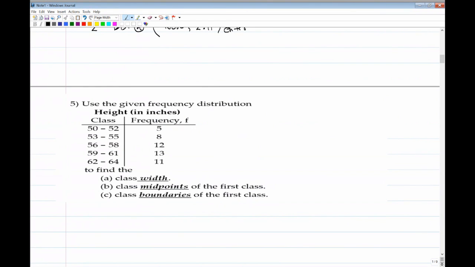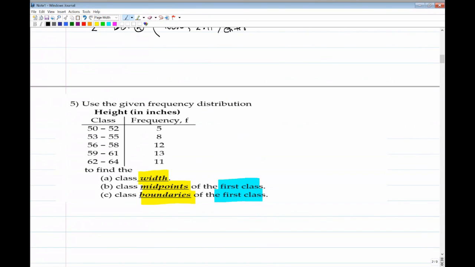Now, it says in number 5, again, let's look at the problem. It says class width, class midpoint, and class boundary. So if we define them on the side, usually look and see what class they're talking about. It's very important because it could be a second, third, or fourth class.